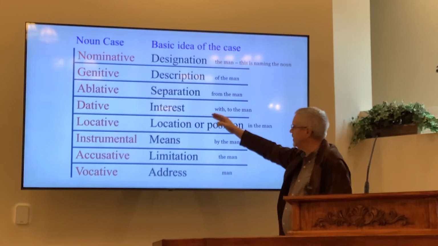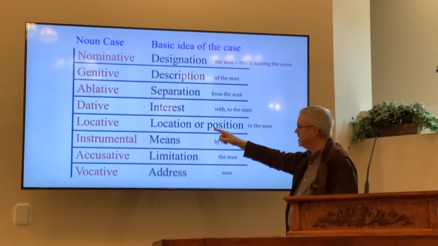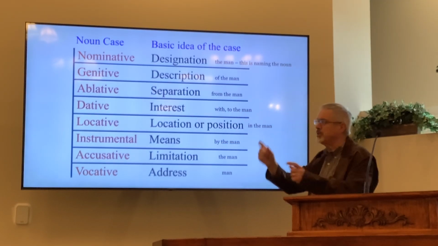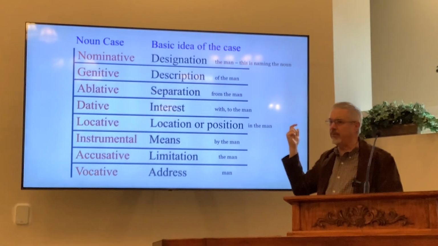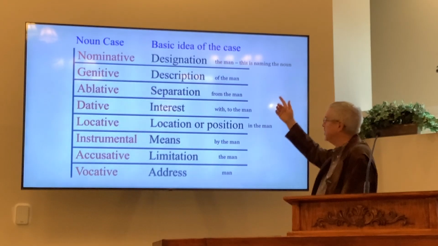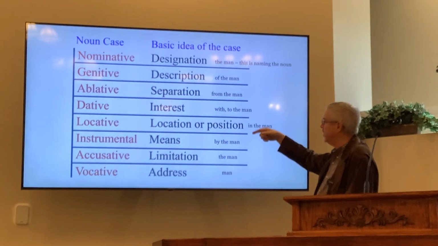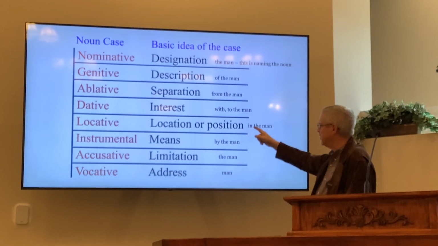Dative is interest, with or to the man. Locative is location or position, and we're using man, but we could change that to fish, and it'd be the same thing: of the fish, from the fish, with the fish. But we're using the noun man. Locative is location or position, in the man.